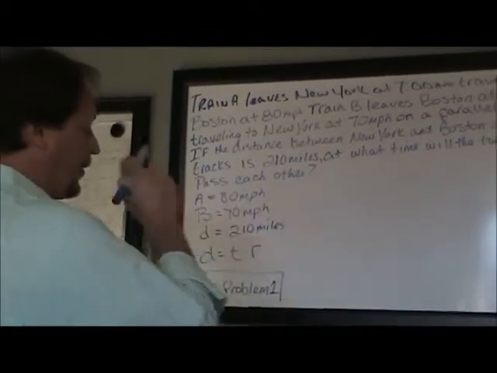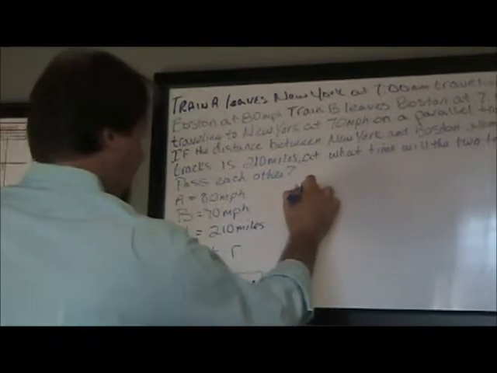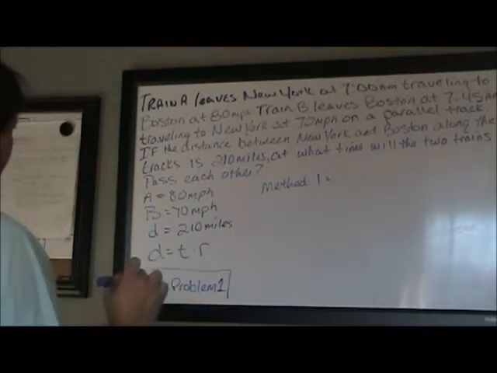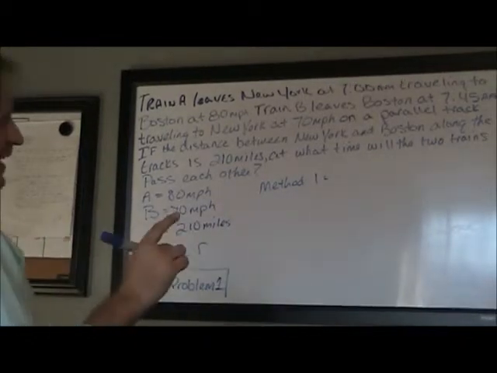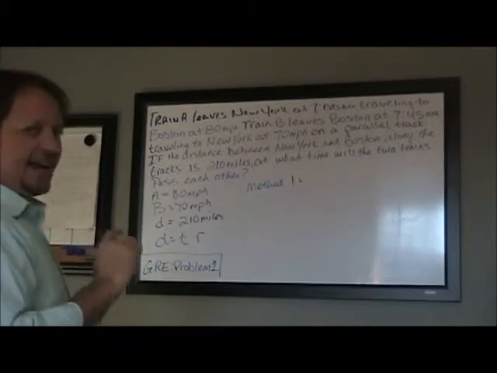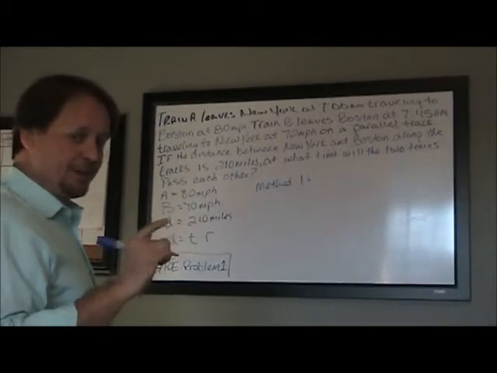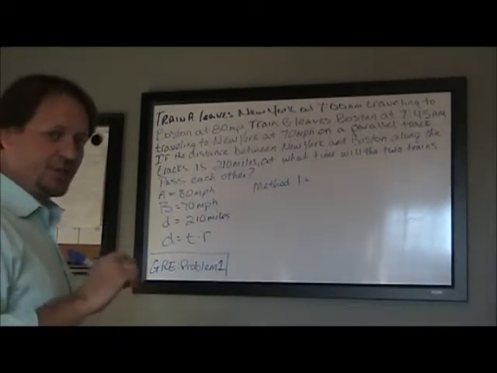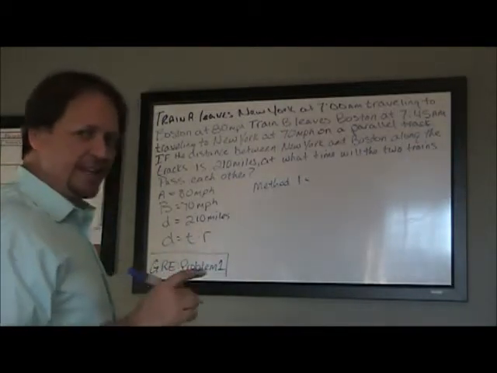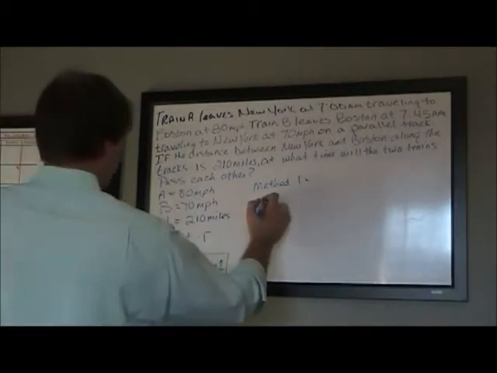So the first method is we need to find out how far train A traveled before train B started, so that we know the distance between the two trains when they are both moving.